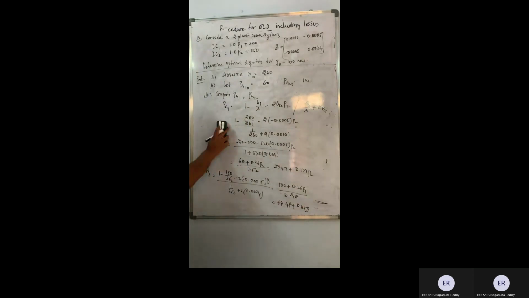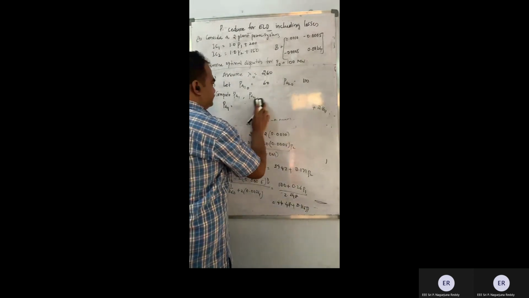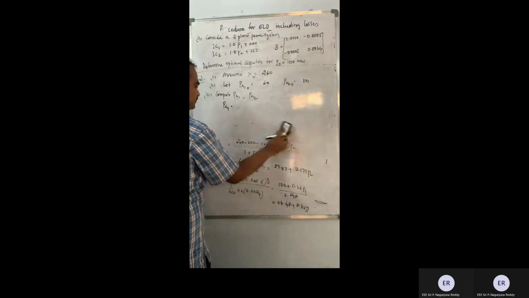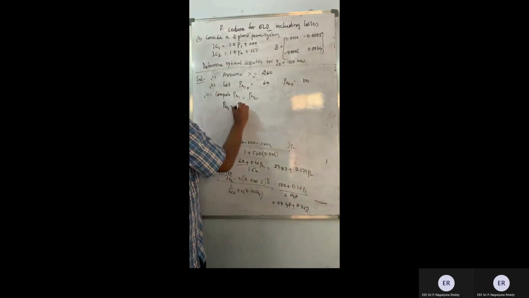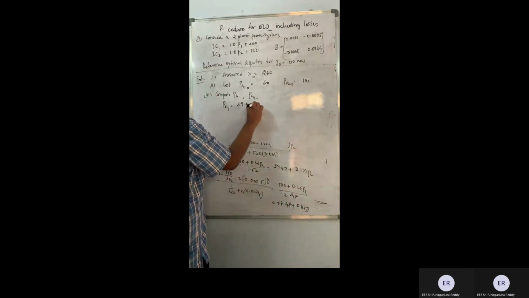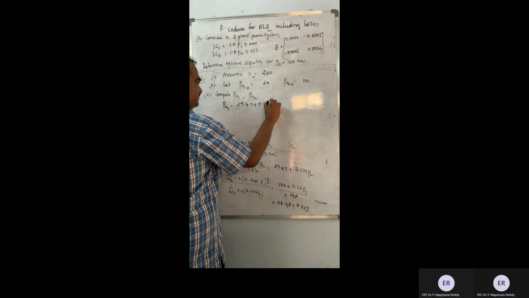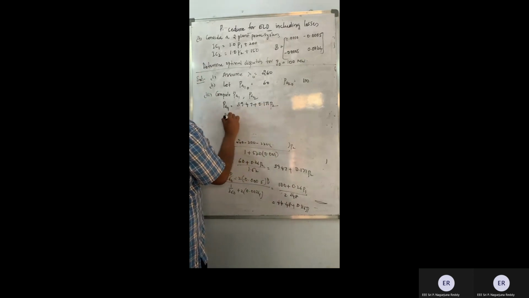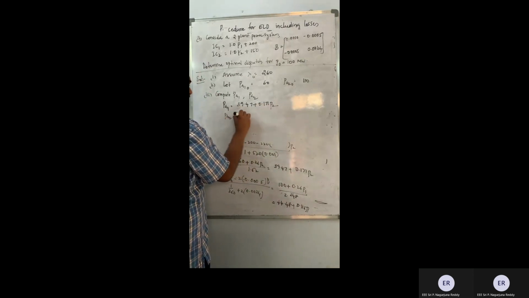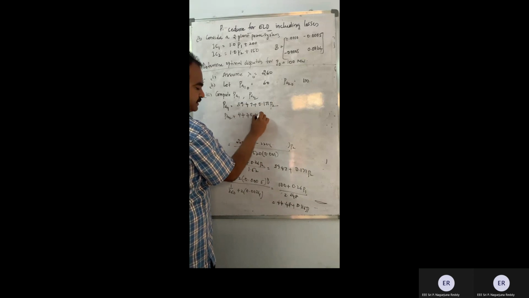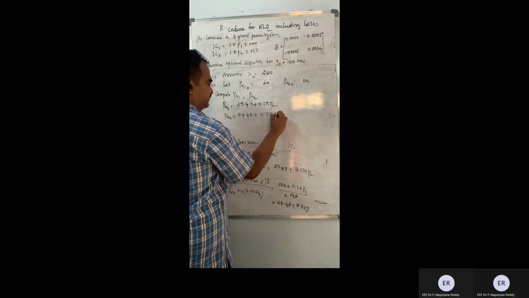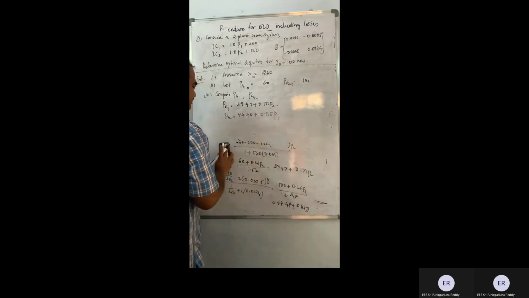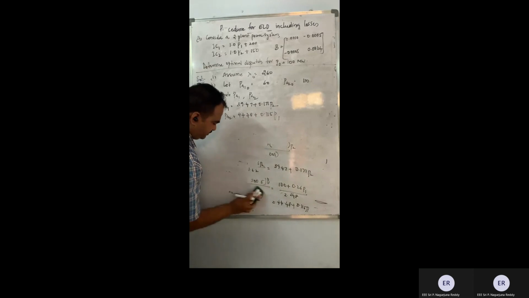I'll write it down. Pg1 is 39.47 plus 0.171 P2 and Pg2 is 44.48 plus 0.115 P1. So these are my simplified equations now.